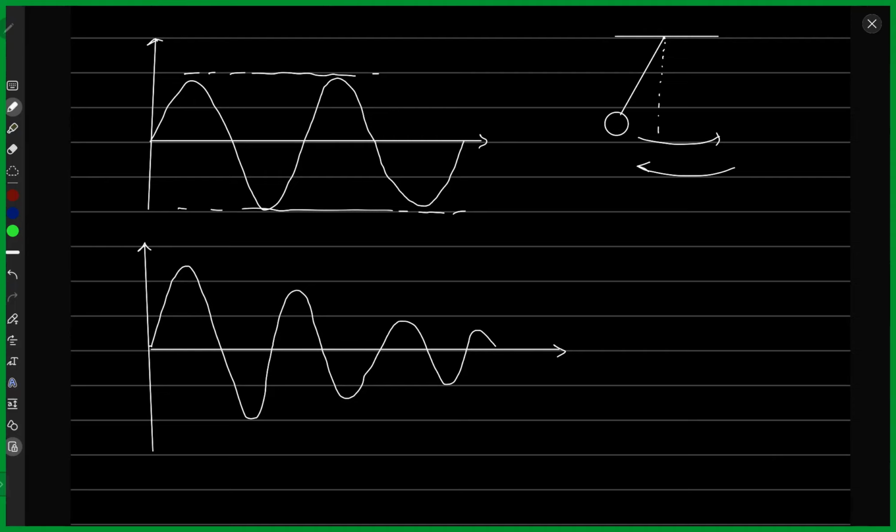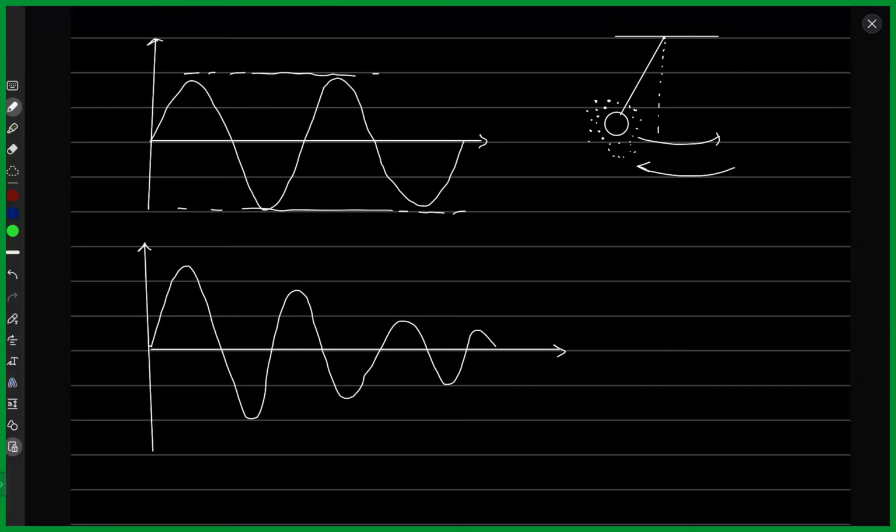That's the simplest case. And this bob is going to collide with these molecules of air. As it's oscillating, these air molecules are going to come into its path, and it's going to collide with them. And when it does that, it's transferring its energy into these molecules.